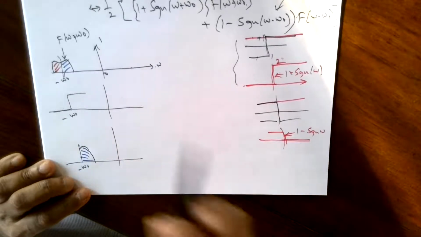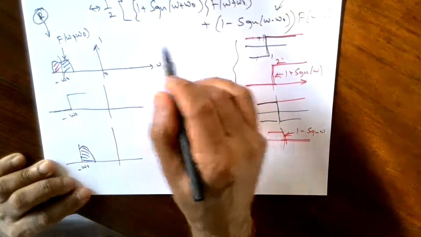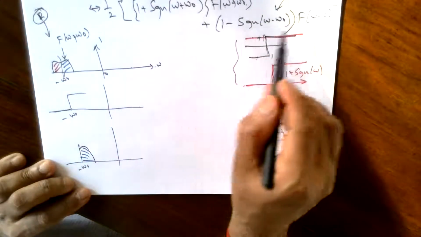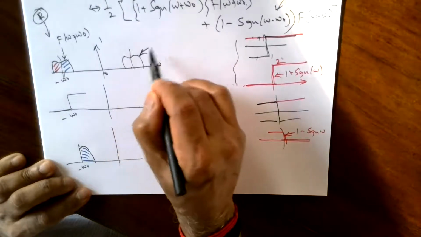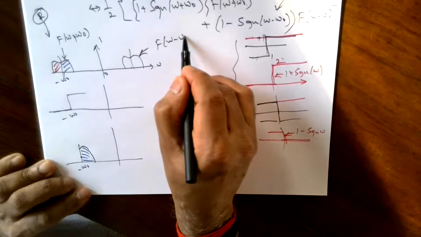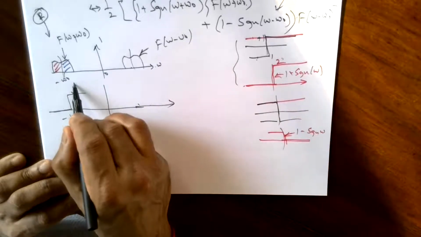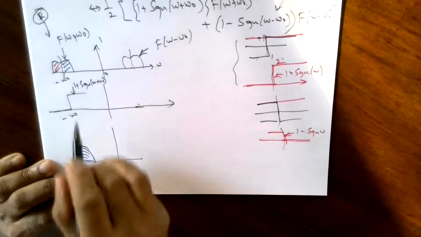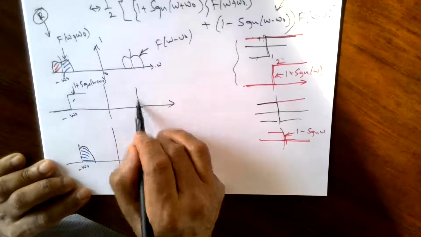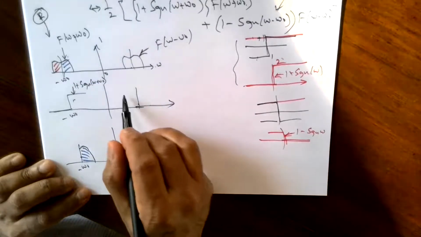Let's see on the other side. This is the first term, and the second term is F of ω minus ω₀. So ω₀ is here, and this is F of ω minus ω₀. This function is 1 plus sgn(ω + ω₀). These two are multiplied. And here we are shifting 1 minus sgn(ω − ω₀), so it will be this function.